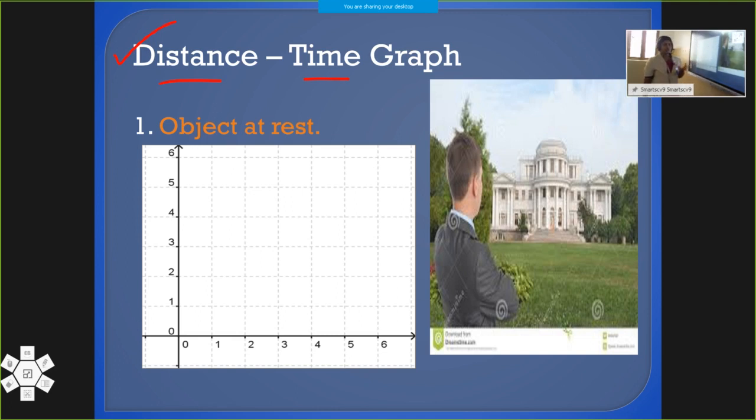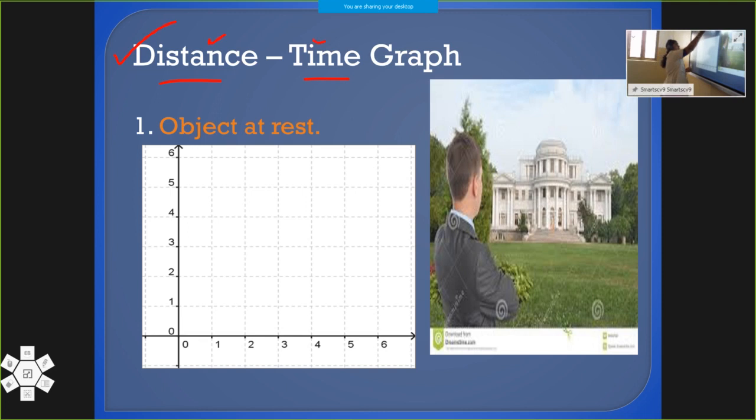What can you understand from distance time? Using the graph we are going to compare, or give the relation between, distance and time. We are understanding the relation between distance and time using the distance time graph.